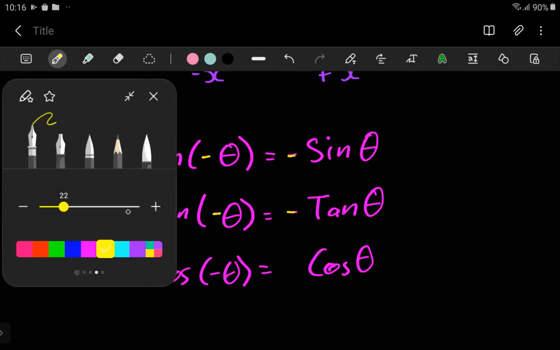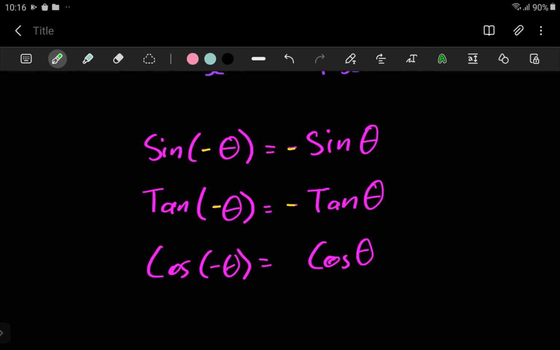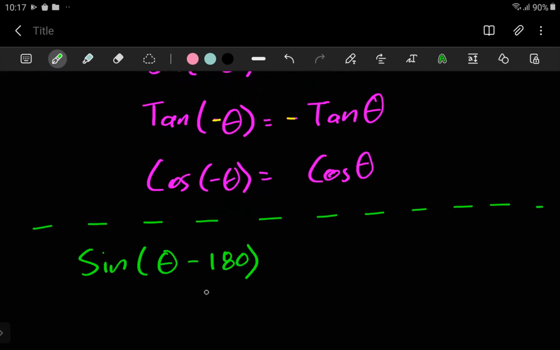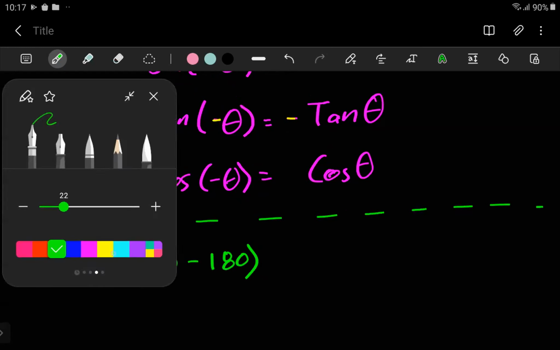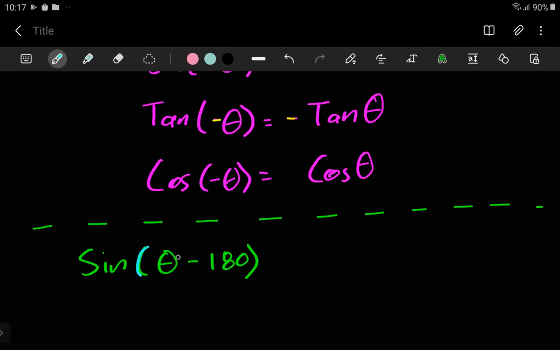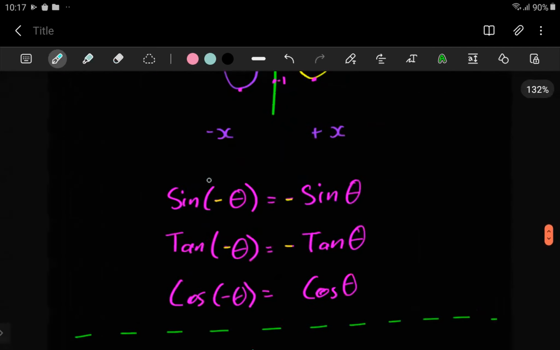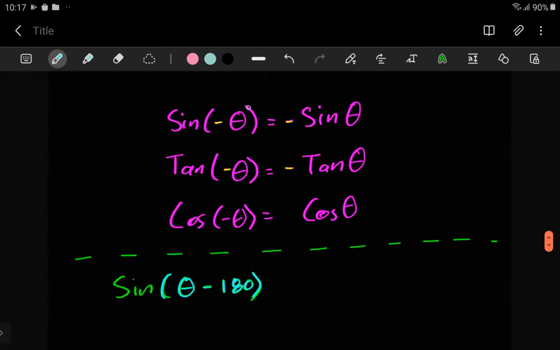The reason I'm showing you this is because when you will be breaking stuff down, there are cases where they'll give you sine and then put something like theta minus 180. To deal with this, let's not overcomplicate it.